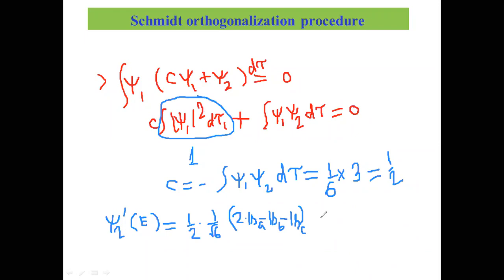Then you are going to add up with the psi 2, right? Psi 2 again is going to be 2 into 1s B minus 1s C minus 1s A. Okay, of course you are having square root of 6, the coefficient.